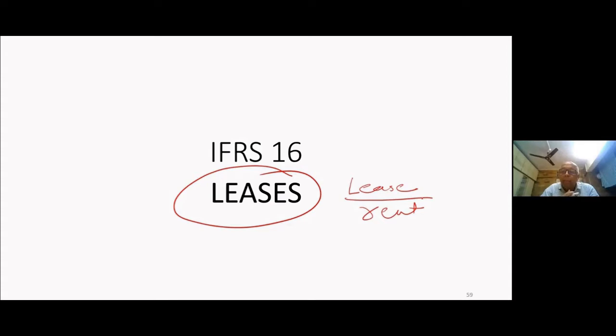Now IFRS 16 has tried to overcome some of the limitations of the legacy standard IAS 17, particularly when the presentation aspect was getting missed out. What is that? We will study.